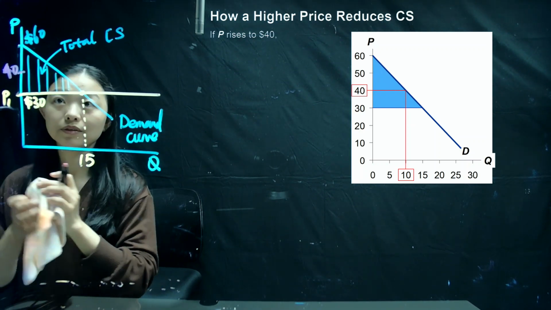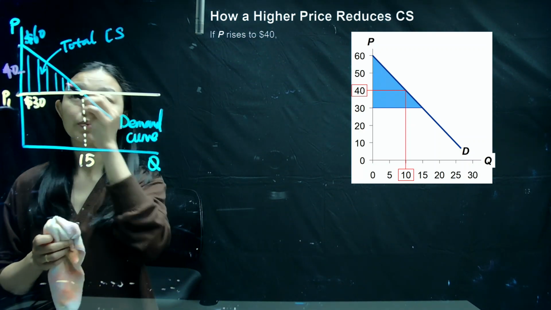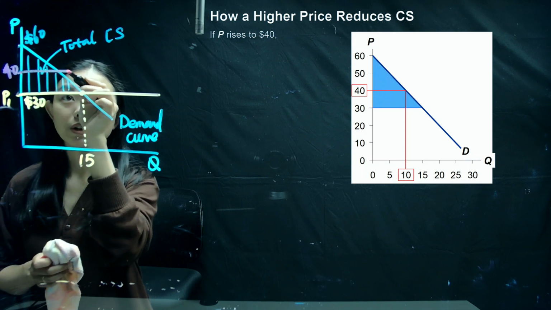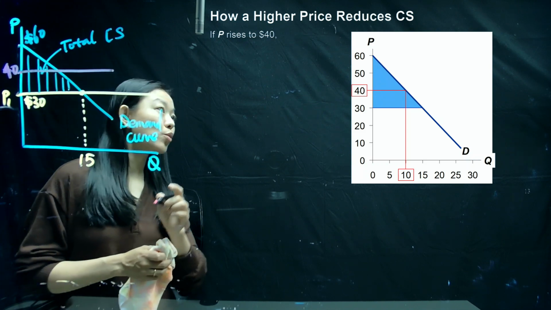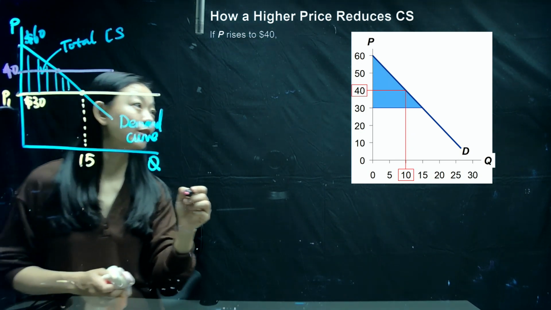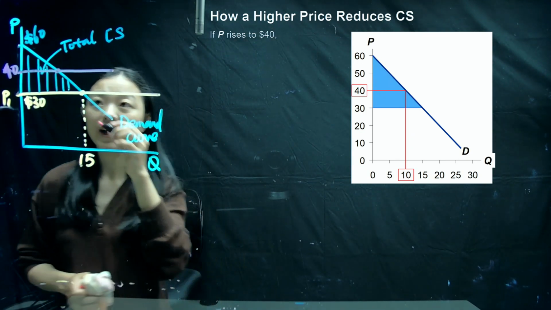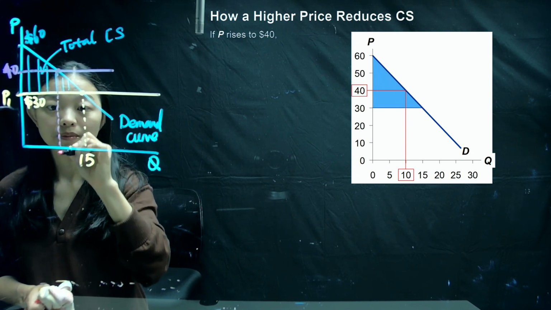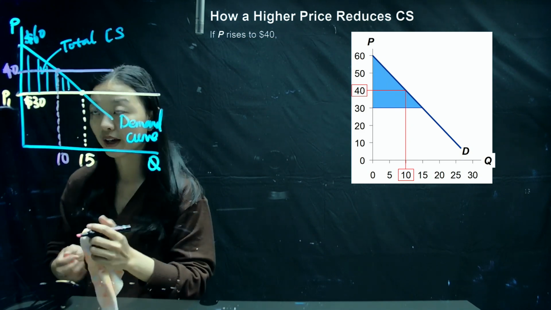So first, please draw a horizontal line across this $40, okay? Then you can get one point on this demand curve. So from this demand curve, we get a quantity here equal to 10 units, okay?